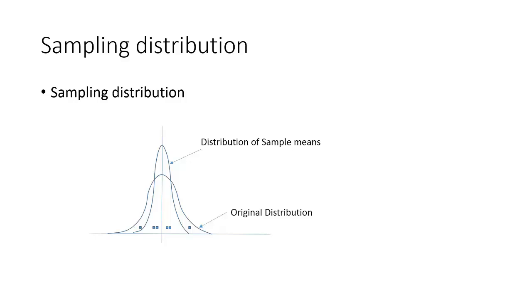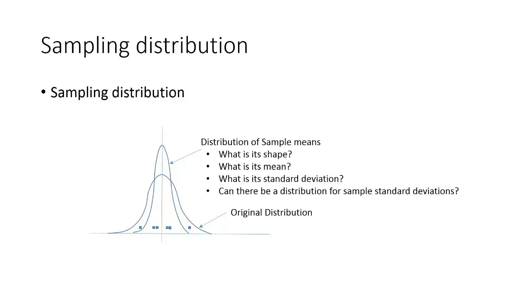Now it so happens that when your original distribution is normally distributed, the distribution of sample means is also normally distributed. But there might be some questions you have in this regard. For instance, what is the shape of this distribution? The quick answer is, when the original distribution is normal, this distribution of sample means is also normal.